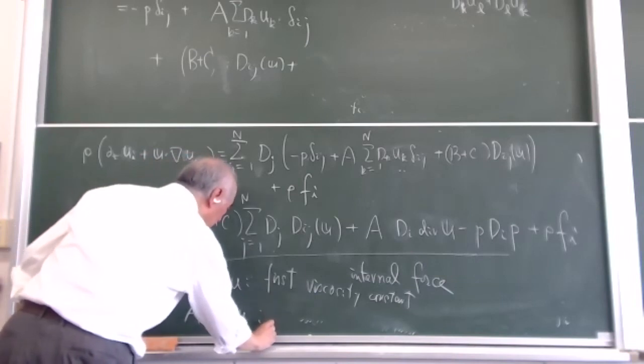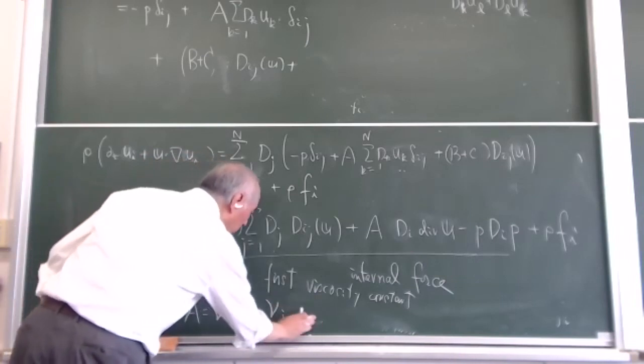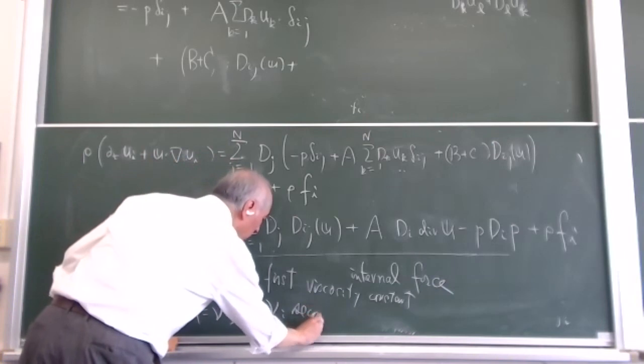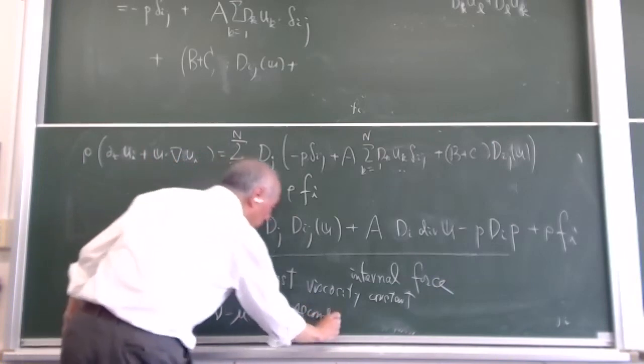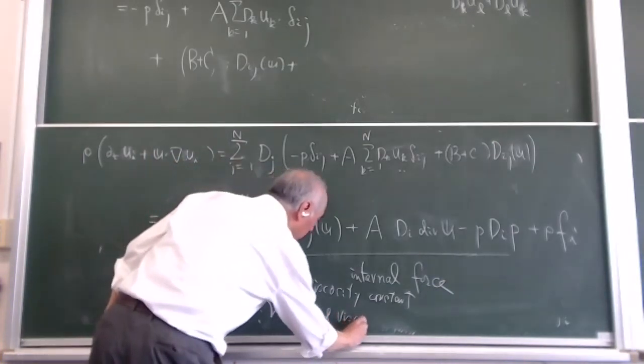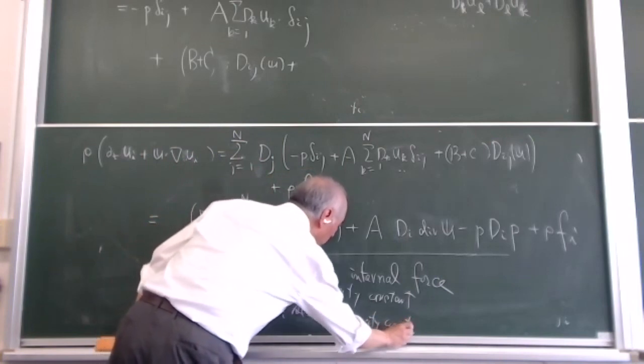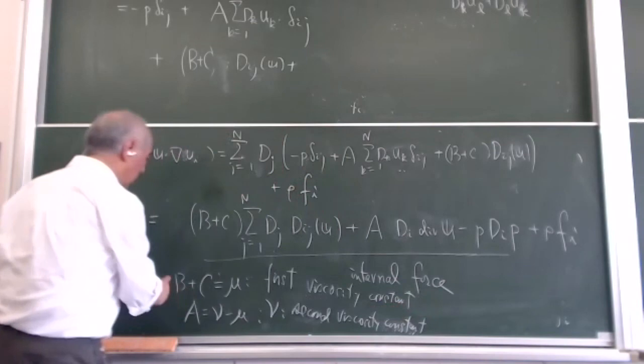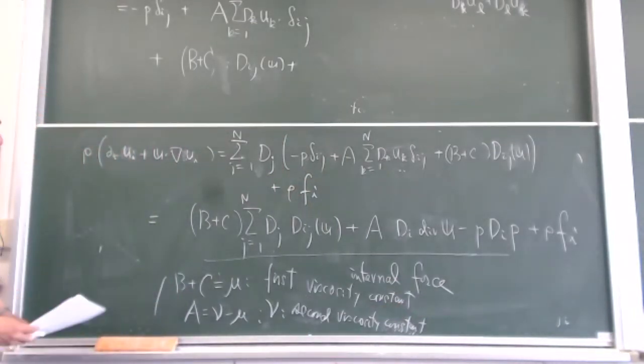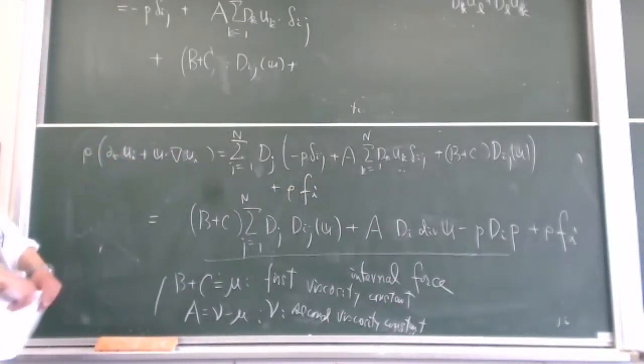And this is the answer. Mu is the second viscous constant. This is a derivation of the equation.